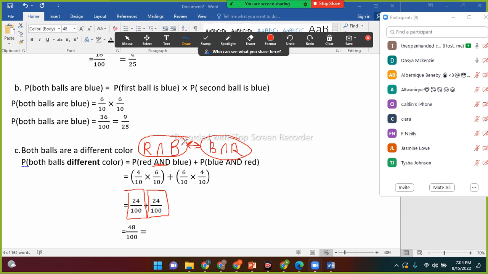Okay, what I mean is, can the first one being red and the second blue, and the first one being blue and the second red, happen at the same time? No, sir. So that means that these events are mutually exclusive, right?